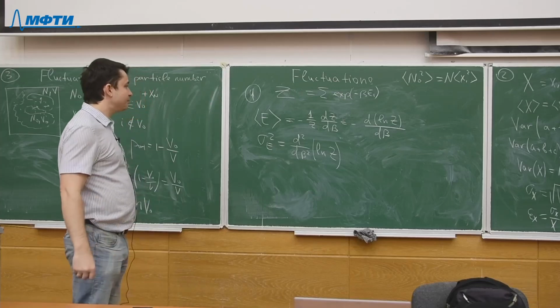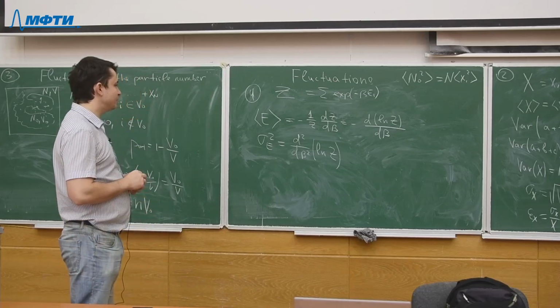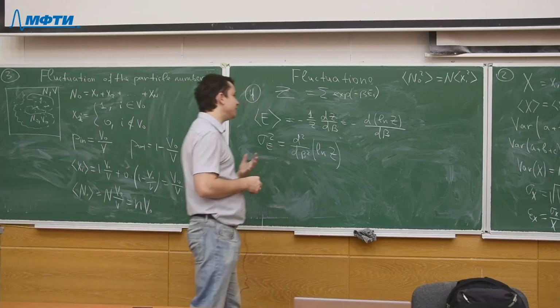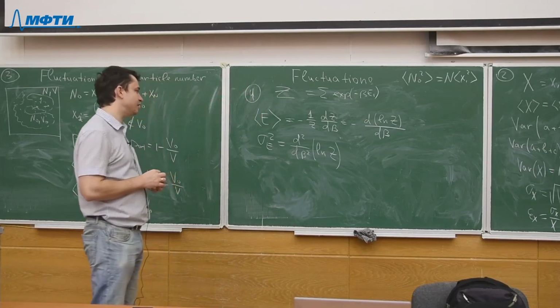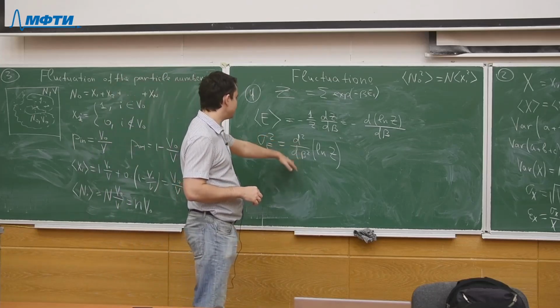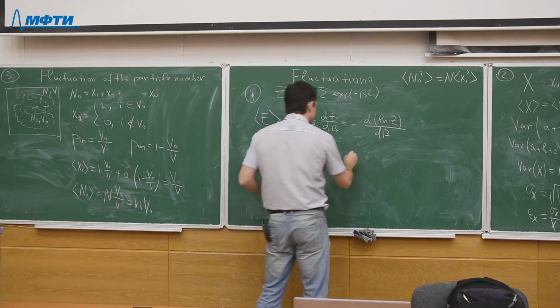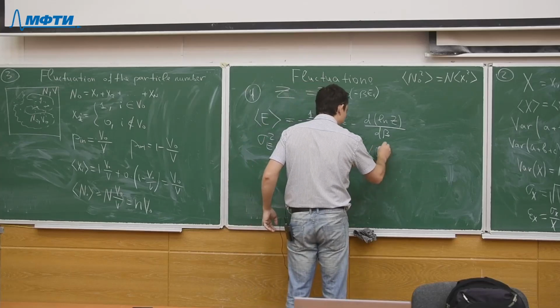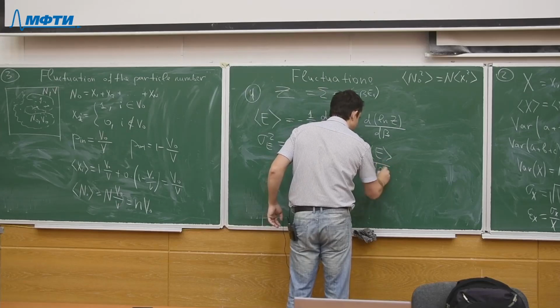But now, instead of using this expression, I'm going to relate it to other thermodynamic variables. As you see, what this quantity signifies is the derivative of the average energy with respect to beta.